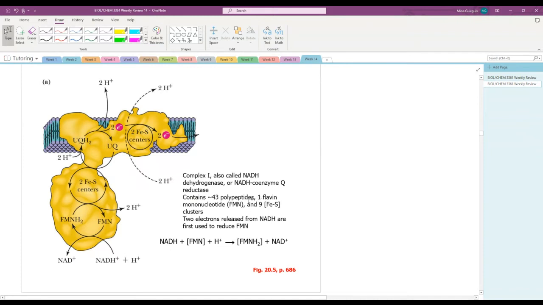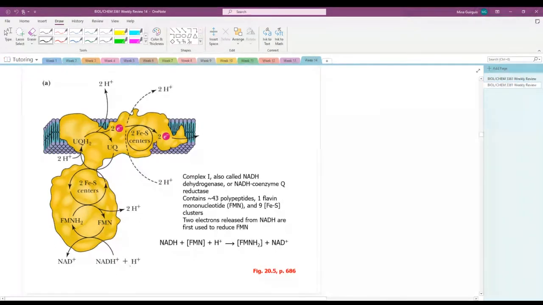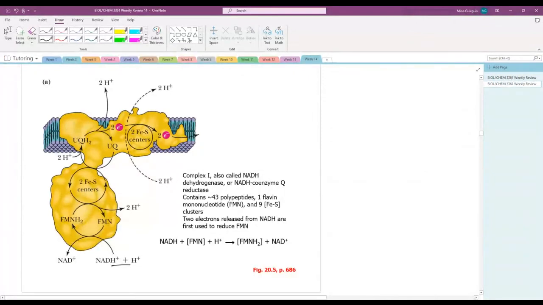It's got 1 flavin mononucleotide, 9 iron sulfur clusters, 43 polypeptides. Okay? So the first reaction that occurs is 2 electrons are released from NADH and they're used to reduce FMN. So our flavin mononucleotide is reduced to FMNH2.